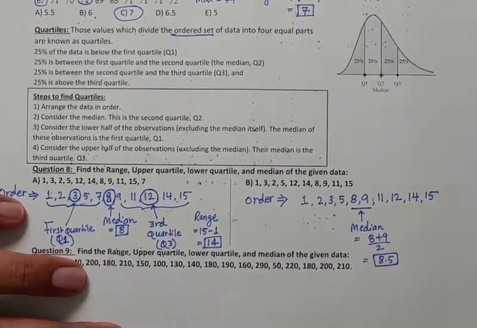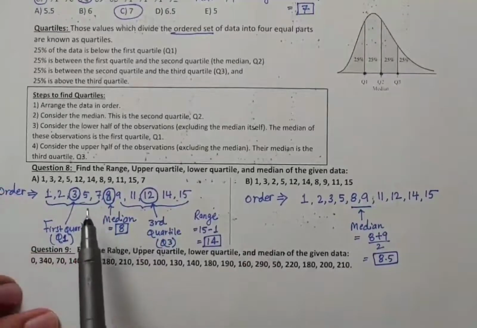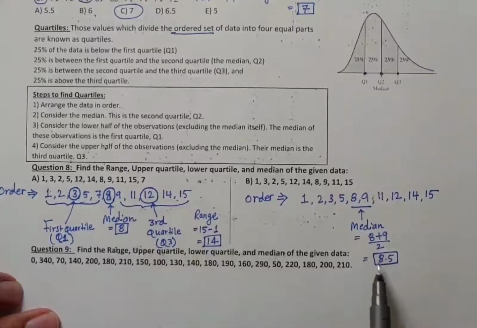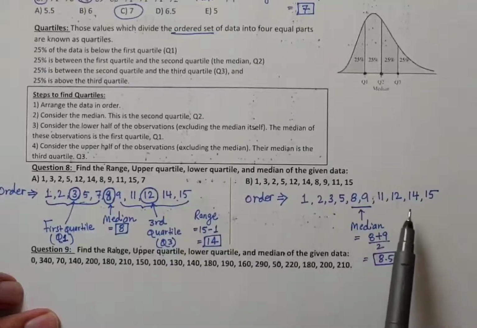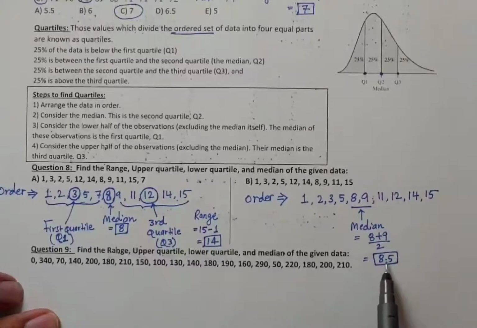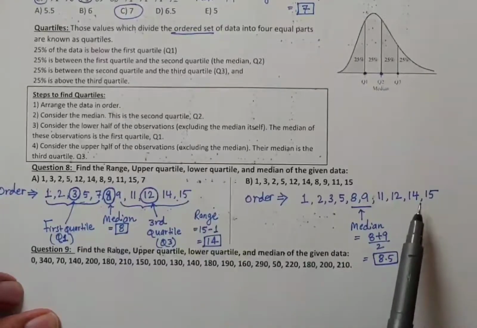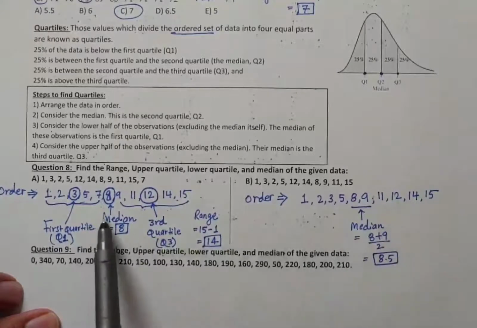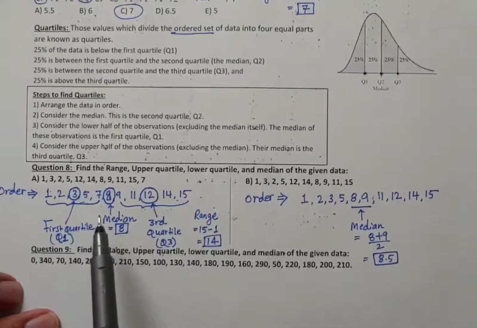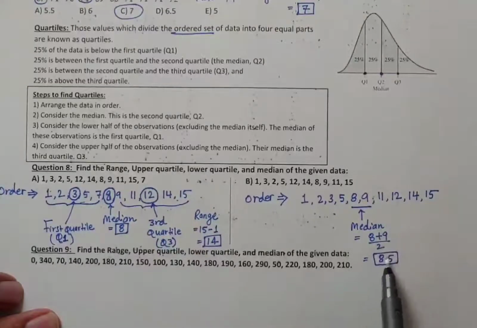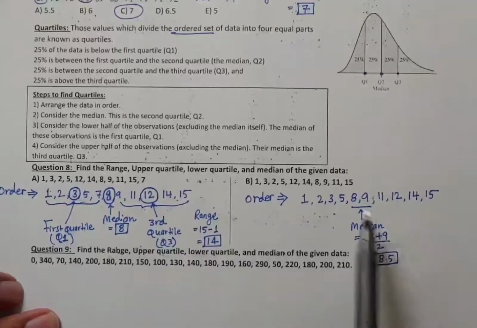Now the thing is, here we had the median in the data, but here the median is not in the data, right? So this is a number which is not in here. So you don't take the median and take the other numbers, right? Here the median is 8.5, which is not 8 and not 9.